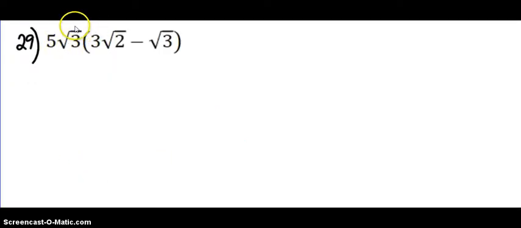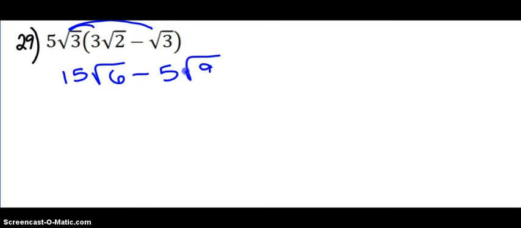In number 29, same concept. We're going to use the distributive property. 5 times 3 is 15. Root 3 times root 2 is root 6. I'm going to bring the minus sign down, distribute the 5 root 3 to the root 3. 5 times, there's an invisible 1 right here, so it would just be 5 out front. Root 3 times root 3 is root 9.